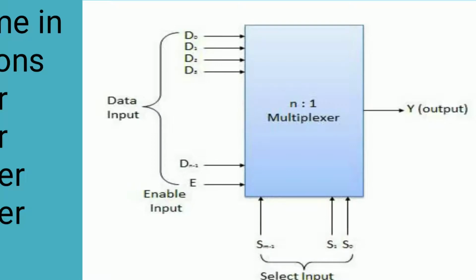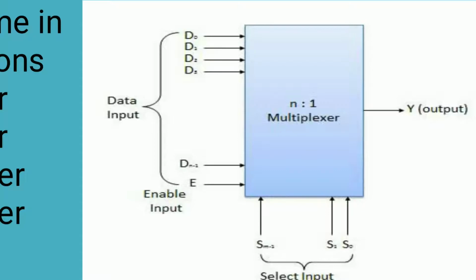So where are we using these multiplexers? We are using them in various fields, where multiple data needs to be transmitted using a single line. Following are some of the applications of multiplexers. Communication systems use multiplexers. Telephone networks use multiplexers. Computer memory uses multiplexers.